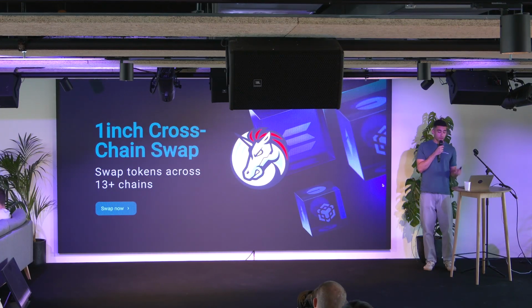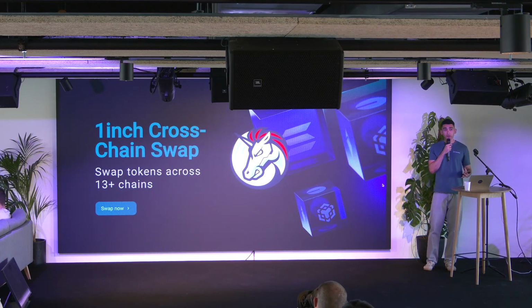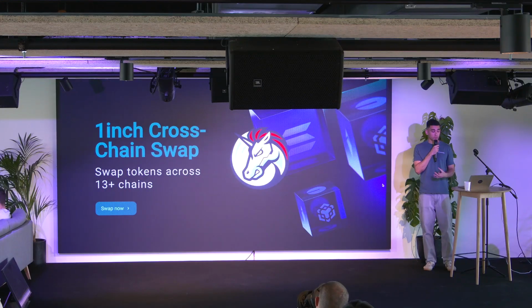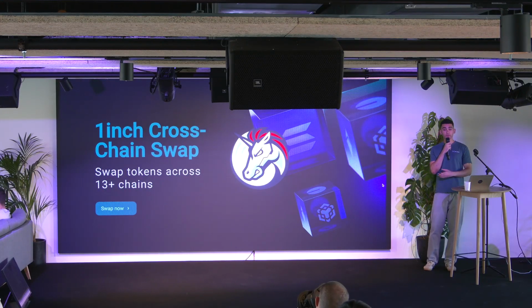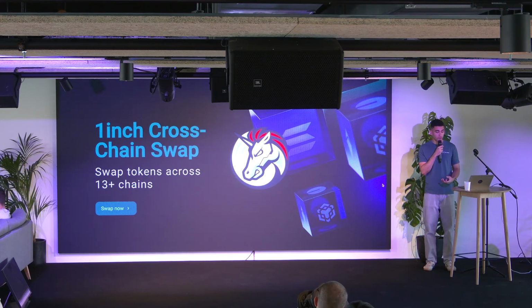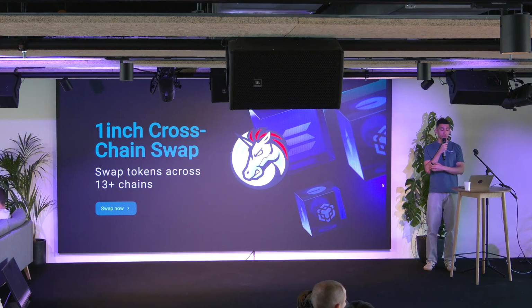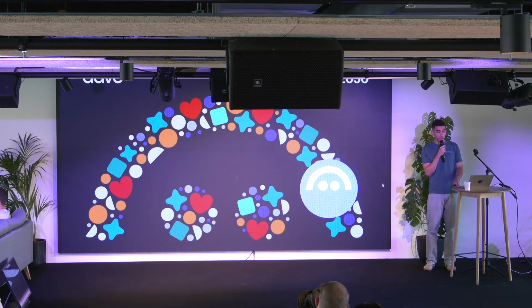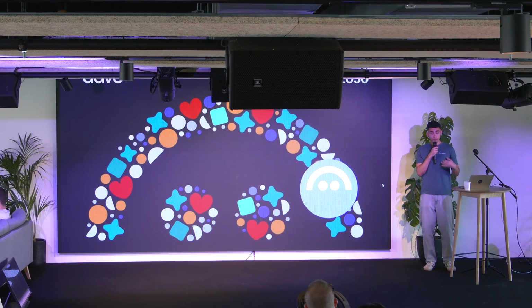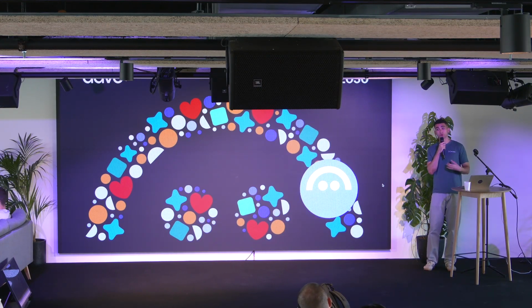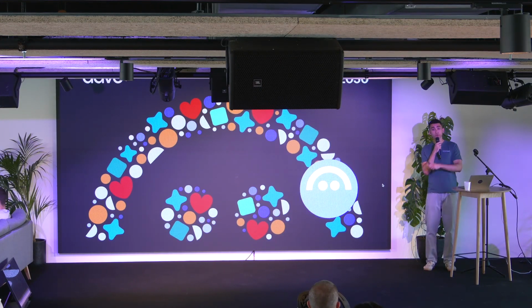1inch is specialized in swaps, initially mostly for the EVM ecosystem, and now they are trying to extend their swaps to non-EVM blockchains. And finally, Aave, which they mentioned on their roadmap. Right now, they are already using many interoperability applications to bridge liquidity. Aave is a lending and borrowing protocol.